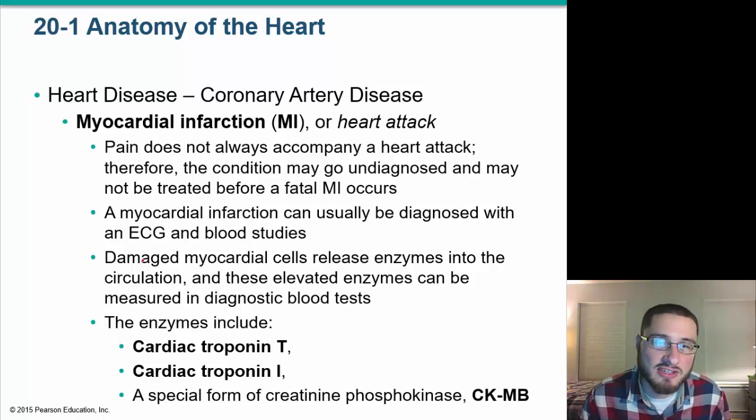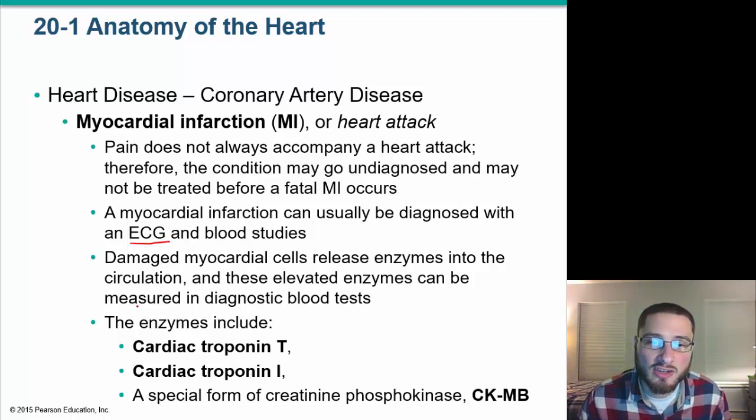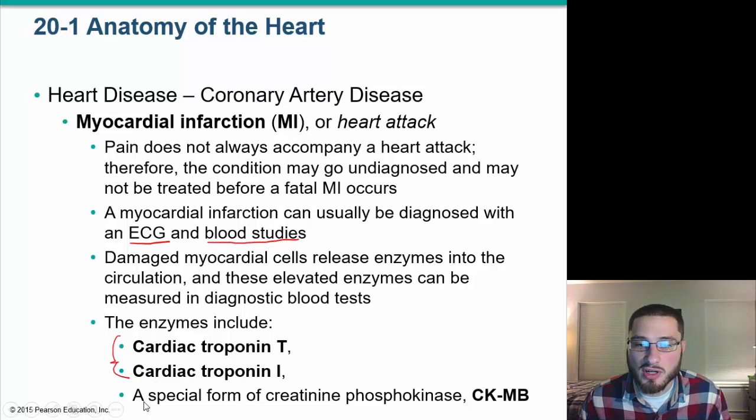Usually it's going to be diagnosed with an ECG, often called EKG, where they're going to look at the electrical activity in the heart, as well as blood studies. So they're going to take your blood, and they're going to look for these enzymes that are seen in people that have heart attacks. They're going to look for cardiac troponin T and cardiac troponin I, as well as a special form of creatine phosphokinase, which is called CK-MB.